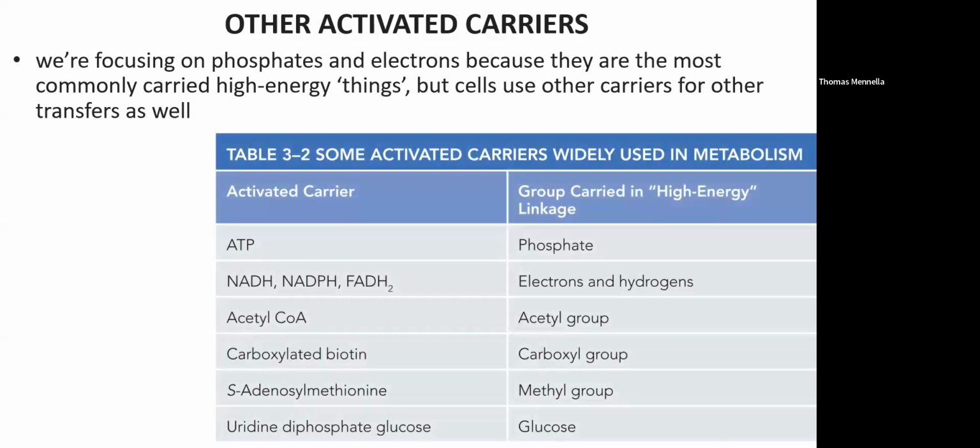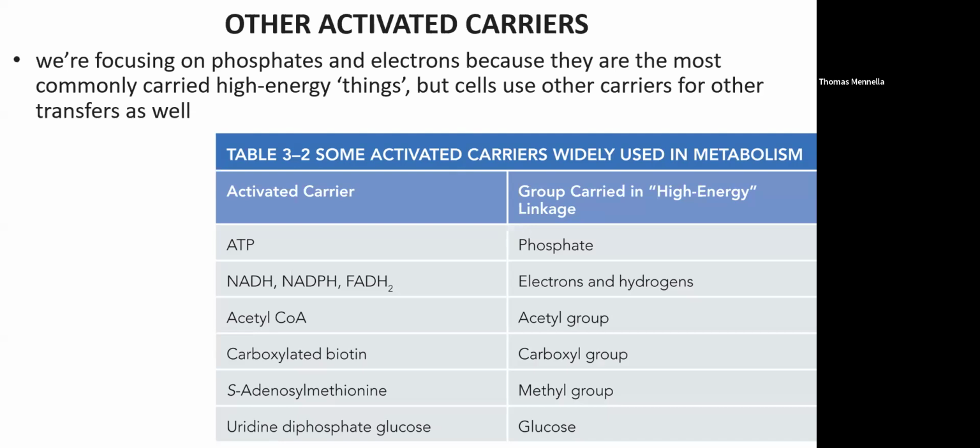And so this is table 3.2 from your textbook, and it shows a lot of the biological carriers. On the left, you see the carrier itself, and on the right, you see the high energy thing that it's carrying. So we see that ATP is the carrier for high energy phosphates. NAD, NADP, FAD are the carriers for high energy electrons.